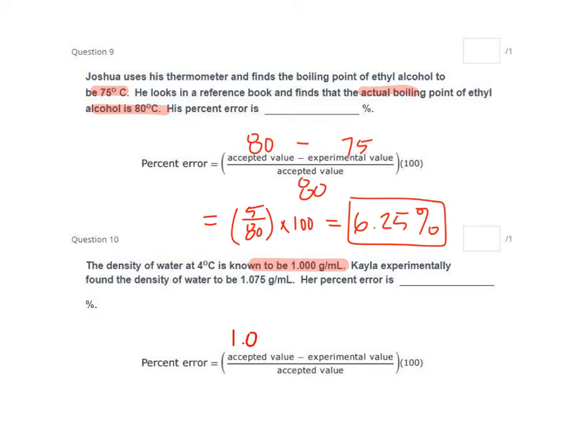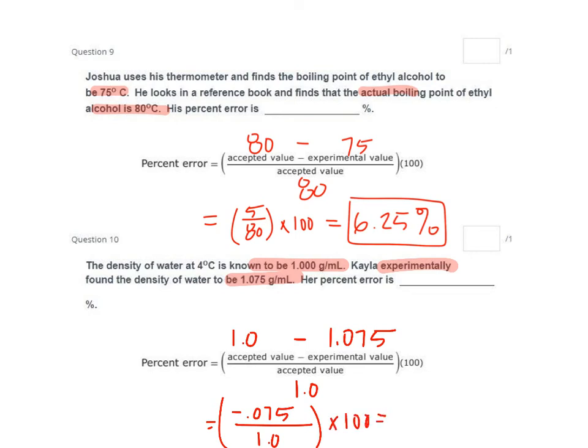It says Kayla experimentally found the density of water to be 1.075. So this is what she found. Therefore, this is the experimental value, 1.075, minus the actual true value of the density of water, which is 1, divided by 1.0 and then multiplied by 100 to convert to a percent.